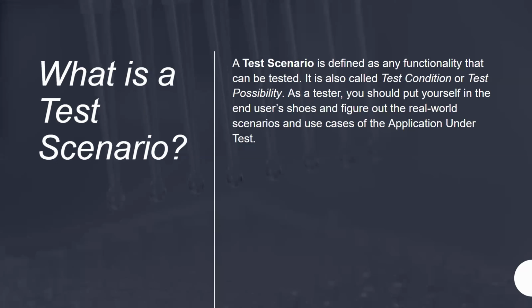Because I've seen some formats when I was researching on YouTube, where one column will say test scenario and the next column will also be test condition, or test possibilities. It's quite confusing. Is it the same, test scenario and test condition? Shouldn't they be different?